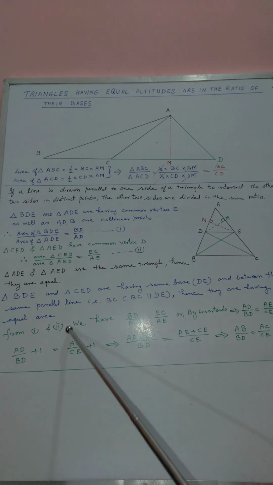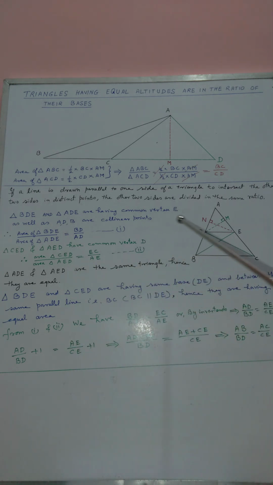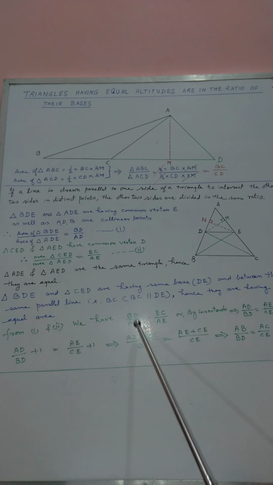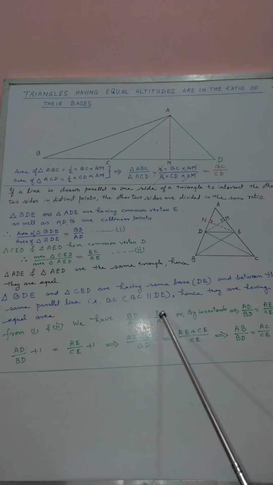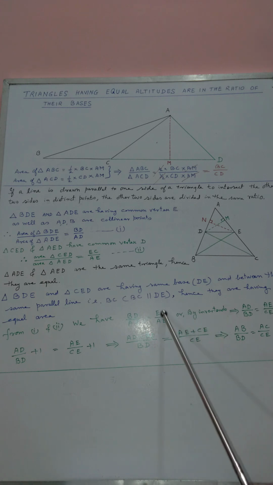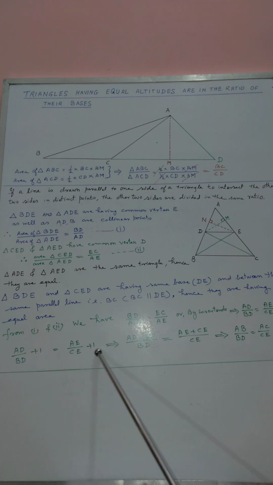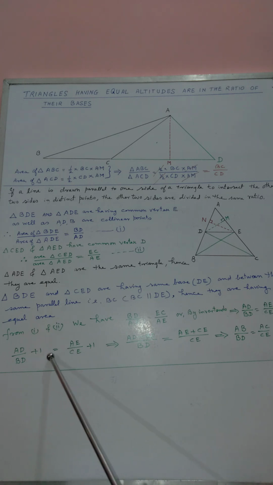From 1 and 2 we have BD upon AD is equal to EC upon AE, or by invertendo, just by inverting it, you will get AD upon BD equal to AE upon CE. So just adding 1 to both the sides, that is known as componendo.